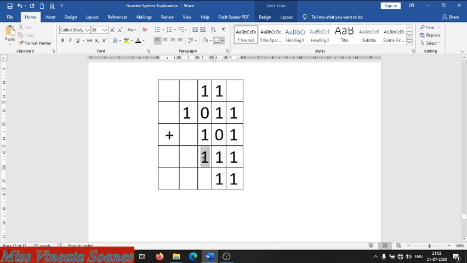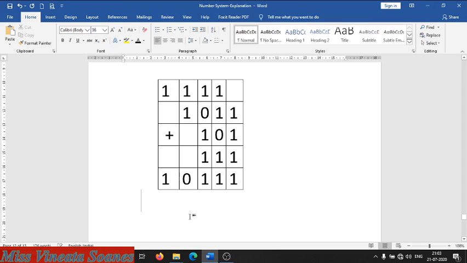Now if you add these two, you're going to get 1 plus 1, which is 0, and then you'll have to carry 1. But again, the 0 needs to be added with the carry, so that gives 0 plus 1 is 1, right? Then 1 plus 1 finally is 0 with carry 1, and this one comes down.